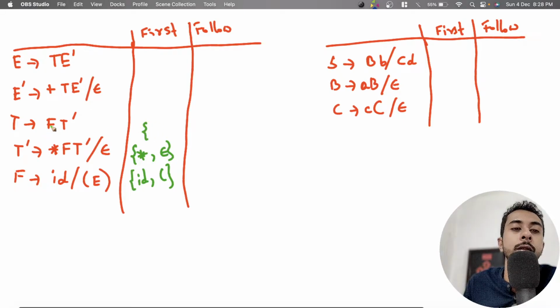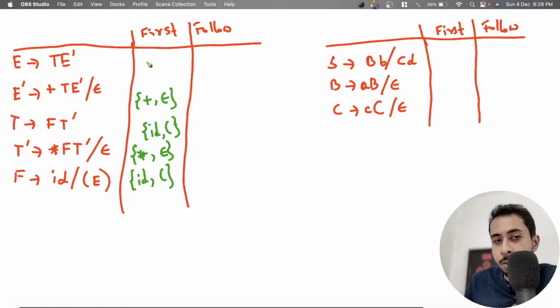First of this is first of F. So what is first of F? First of F is ID as well as first bracket. What is the first of this? First of this is plus as well as epsilon. What is first of E? First of E is first of T. What is first of T? First of T is first of F, and first of F is ID and first bracket.